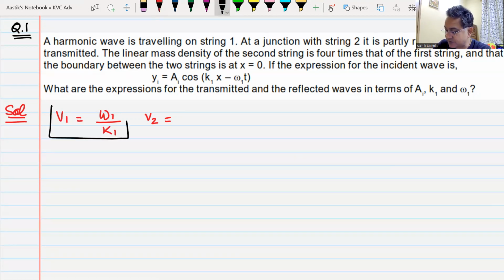It's a very simple question. When it goes in the second medium, what changes?